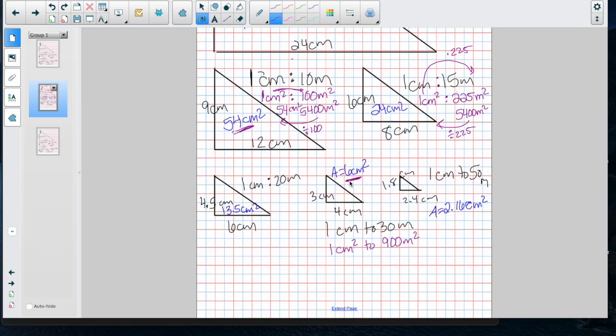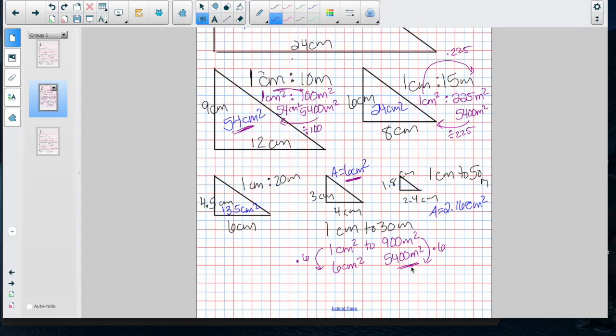I know the area of this drawing is 6 square centimeters. To go from the scale to what I have, I'm multiplying by 6. So if I multiply 900 by 6, I end up with 5,400 square meters, which is what we had originally found our area to be in the real life park.